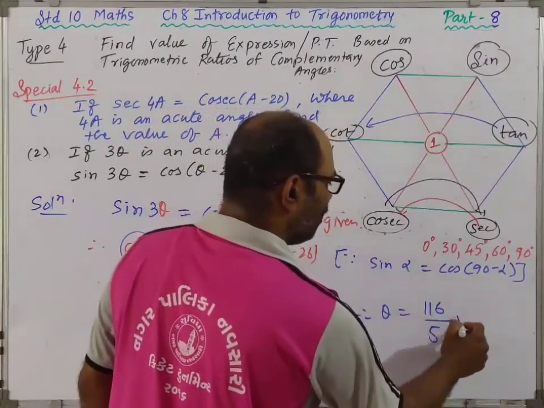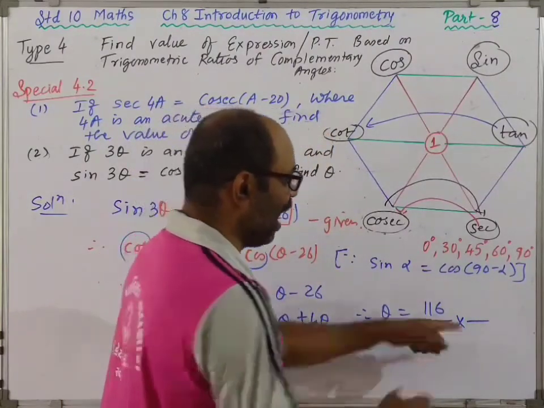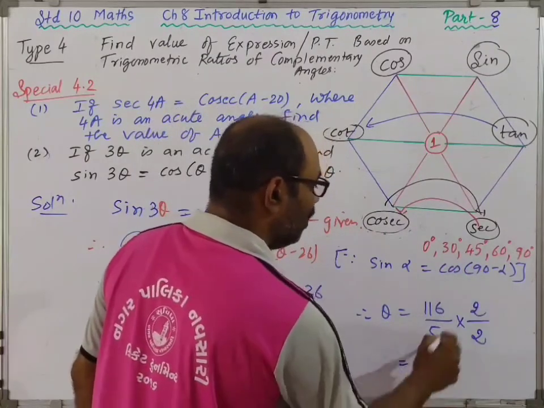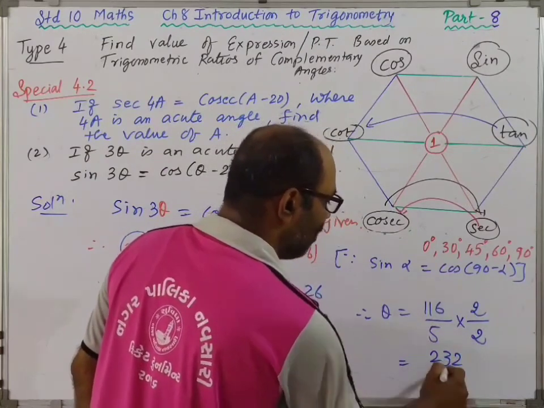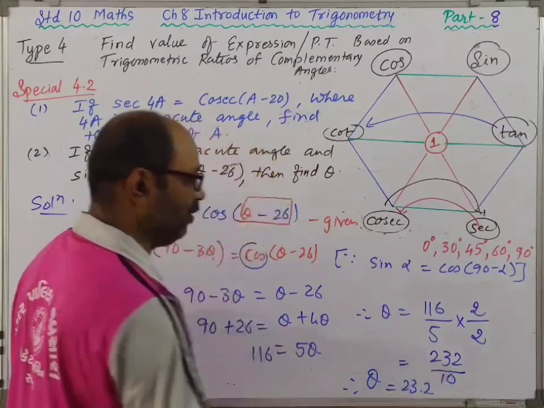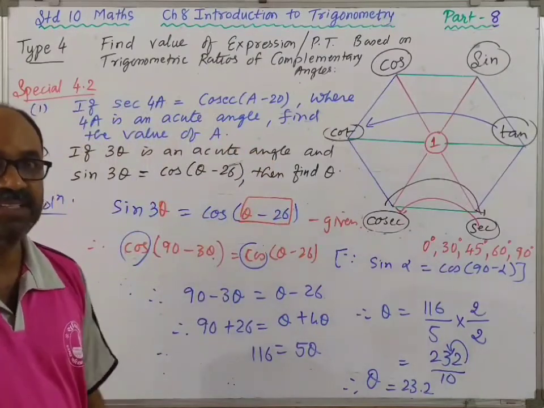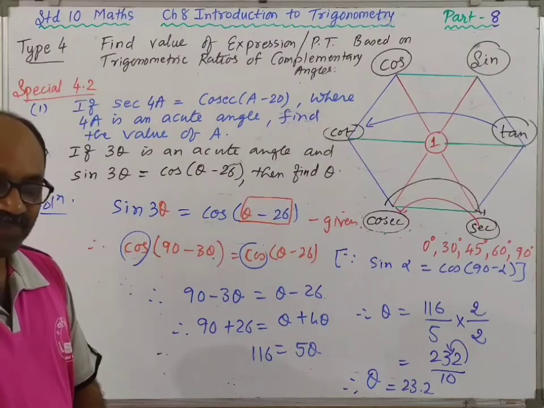Well, the best thing to do, convert denominator into 10. 5 into what is 10? 2. So multiply and divide by 2. So 6 2s are 12, 3 and 2 divide by 10. So therefore theta is equal to 23.2. Put decimal point. So here the value of theta is 23.2. Clear to you? Understood? Fine.